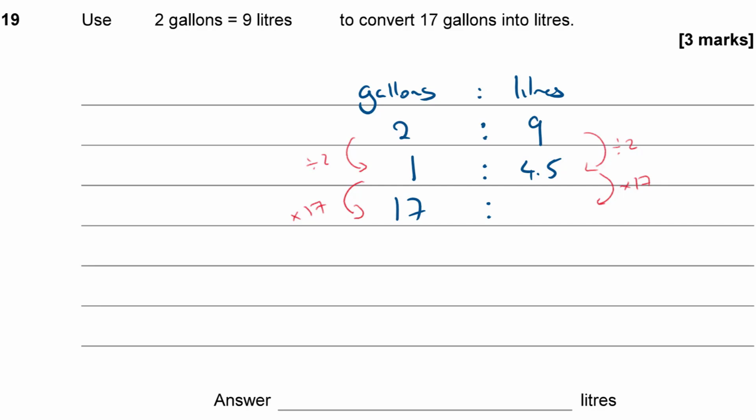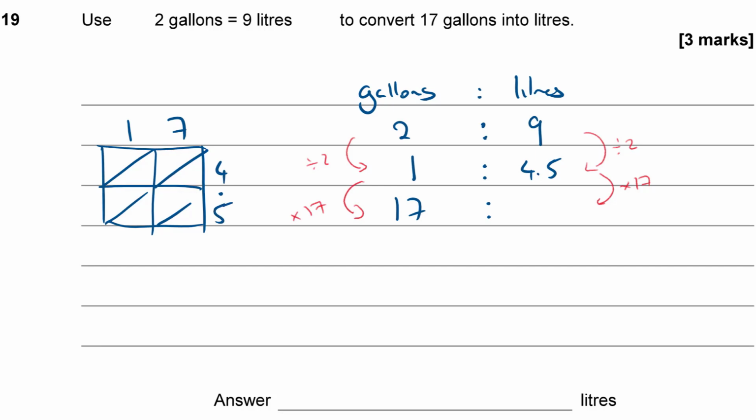How do you do your multiplication? There are different ways of doing multiplication. I quite like Napier's bones as a method of multiplying. So 17 and 4.5 that way. So 1 4s are 4, 7 4s are 28, 1 5 is 5, and 7 5s are 35. Adding up along the diagonals. 5, 8, 3, and 5 make 16.